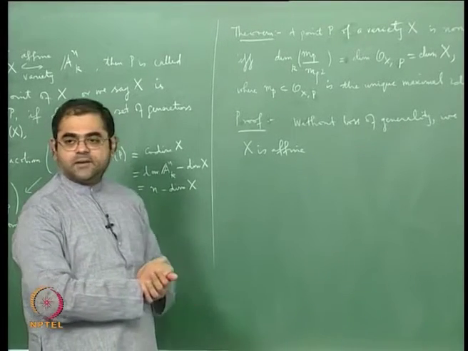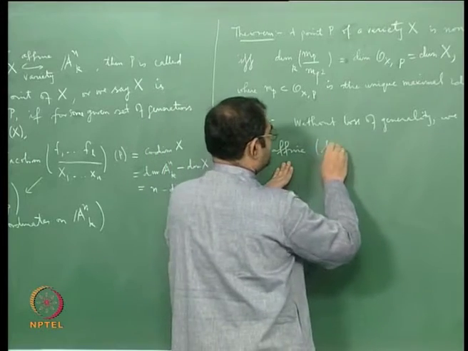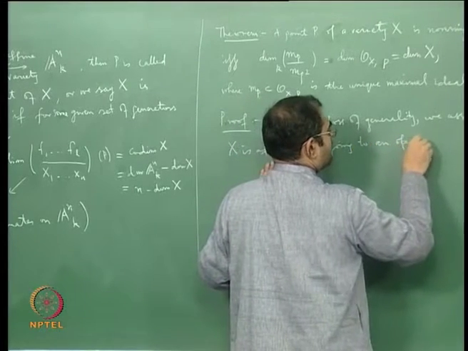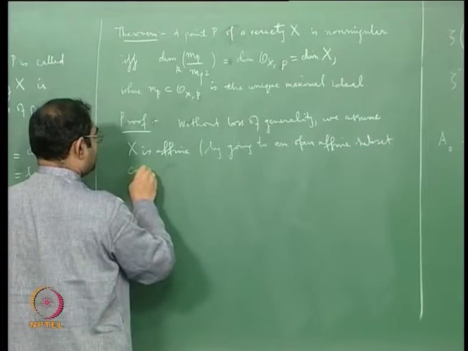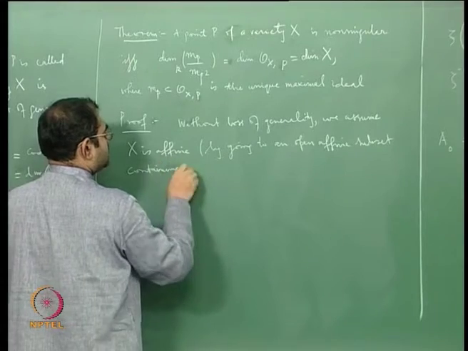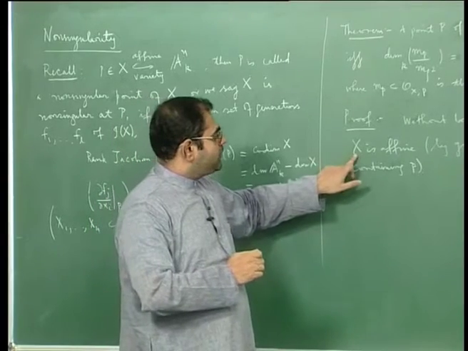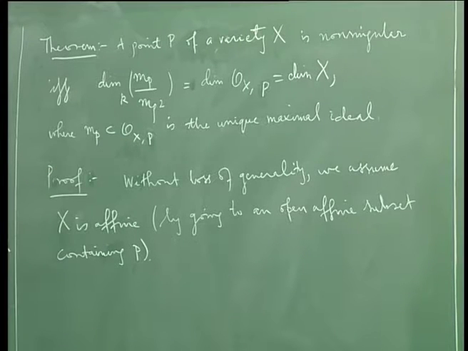What I mean by this is you go to an open affine subset containing the point P, and by going to an affine open set which contains the point P, the local ring is not going to be changed, because the local ring does not depend on whether you go to a smaller open set which contains the point or not.